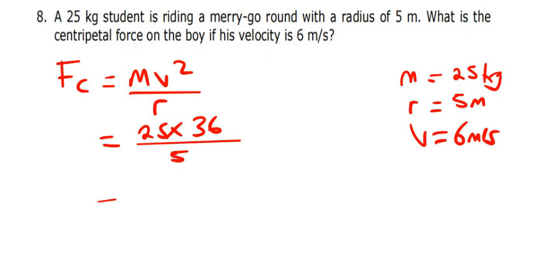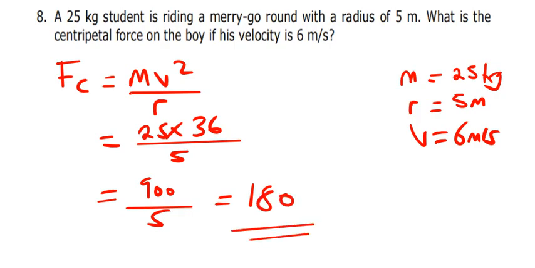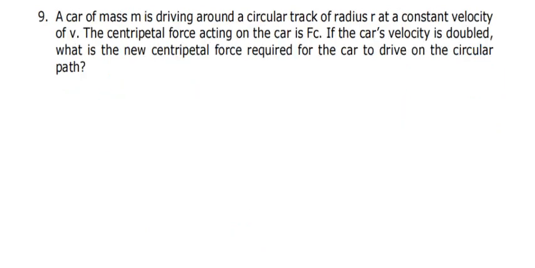Now 25 multiplied by 36, I'm getting 900. 900 divided by 5, I'm going to have 180 Newton. So this will be the centripetal force as she's going on this merry-go-round. That is very important for us to know.